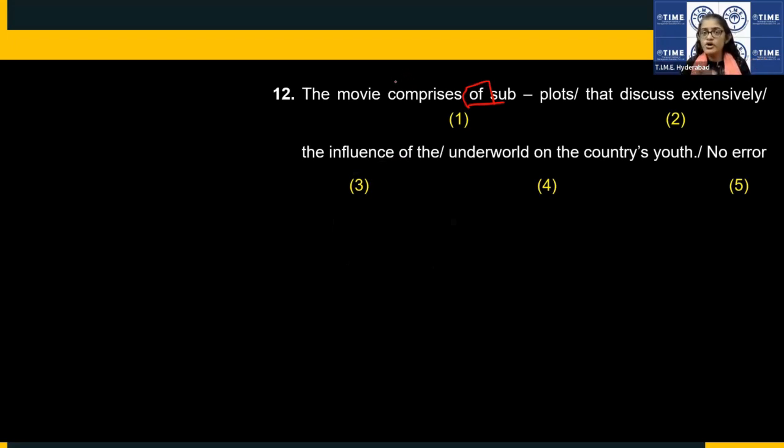There you can use of. Or the movie is composed of subplots, not the movie composed of. The movie is composed of. So let us get this clear. The movie comprises, or the movie consists of, or the movie is composed of. Clear? So the error is in part 1.